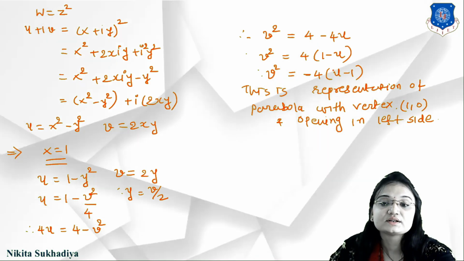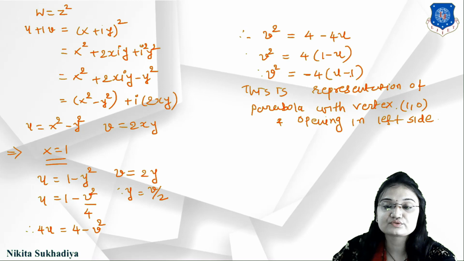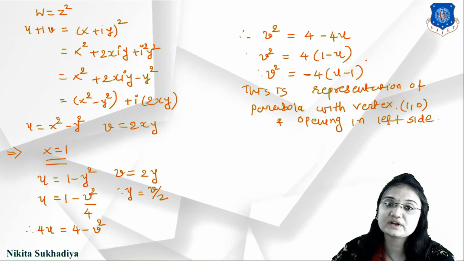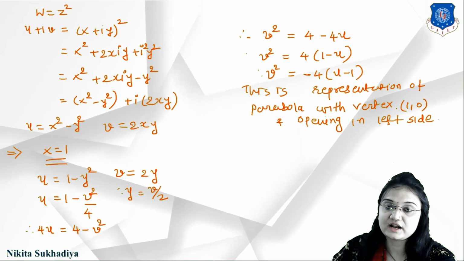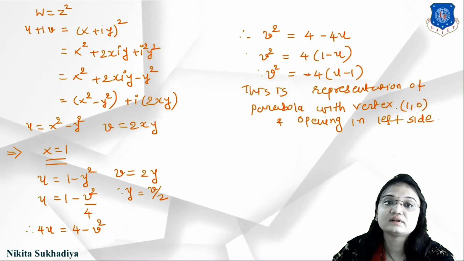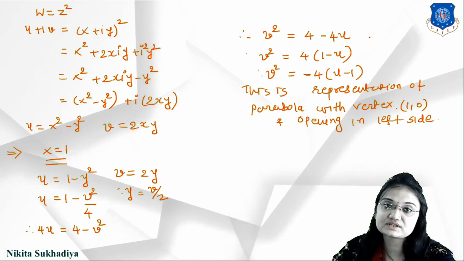A negative value means the parabola opens to the left side. We will represent it in the last slide.